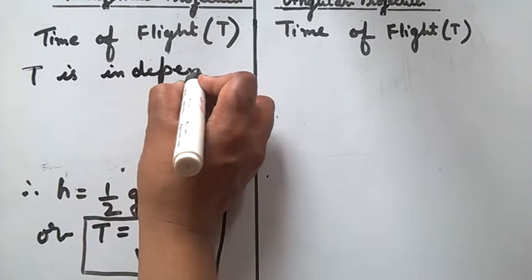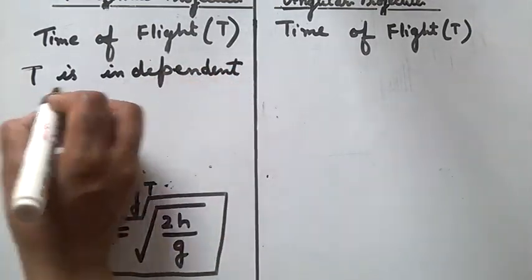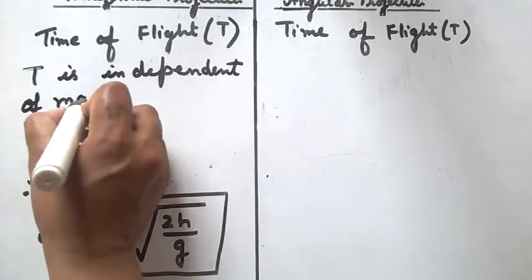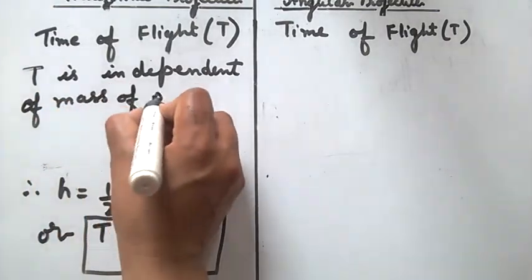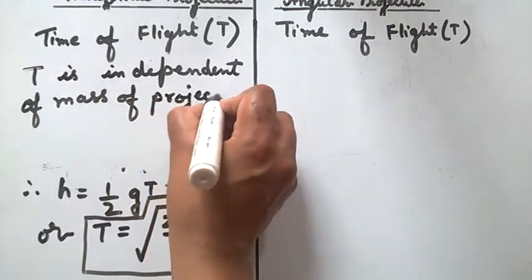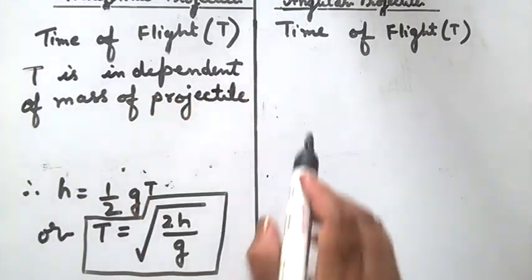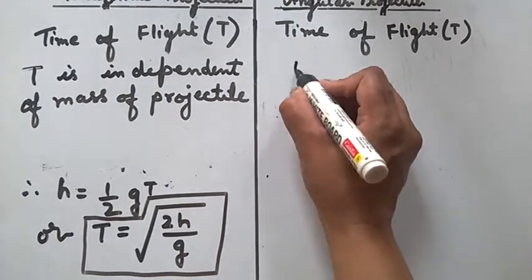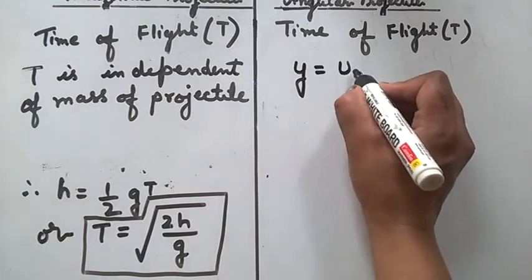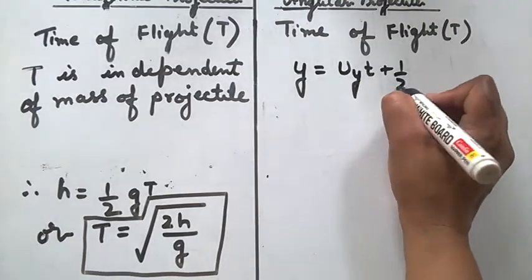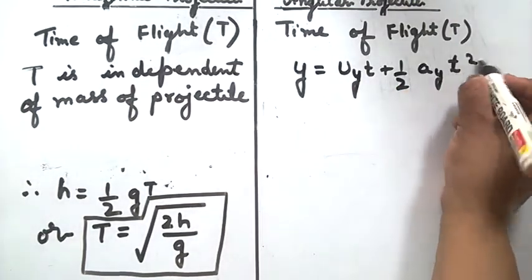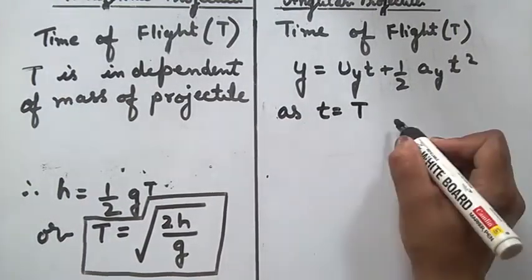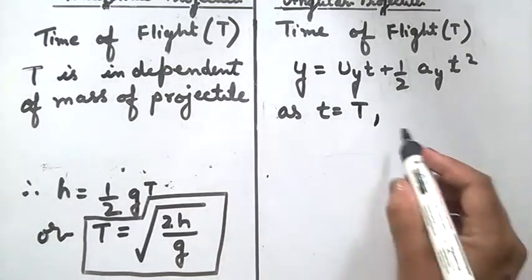Or does not depend on mass. Here also, in angular projectile, we can see that vertical displacement is equal to uyt plus half ayt square, as small t is equivalent to capital T, and net displacement in y direction is 0.